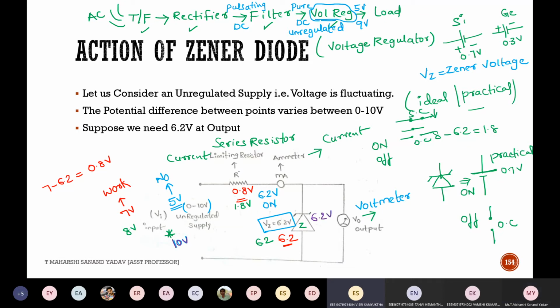So the limiting resistor will take how much? 10 minus 6.2 is 3.8. So this 3.8 volt appears across the series resistor. I hope you are clear.